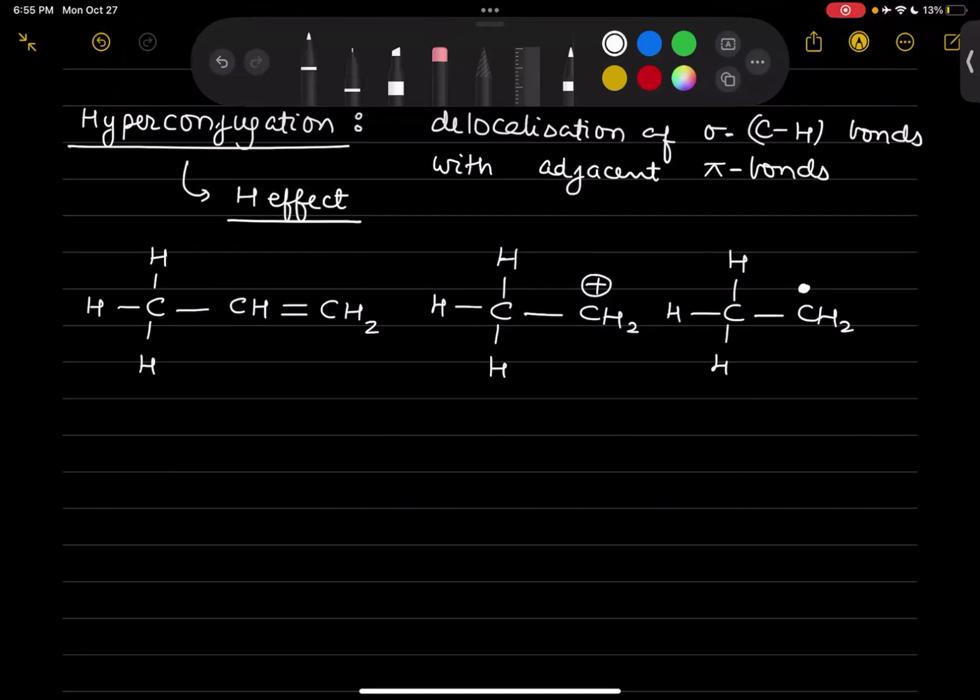How does it take place? This is a plus charge, and the C-H bond can be attracted by the plus charge, and you will have this. Got it?